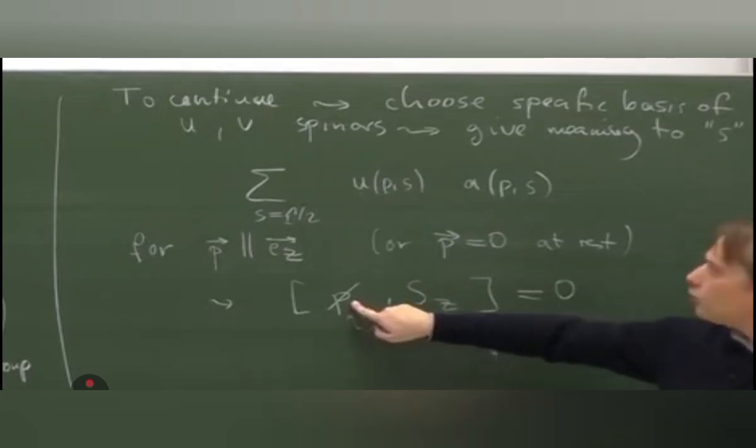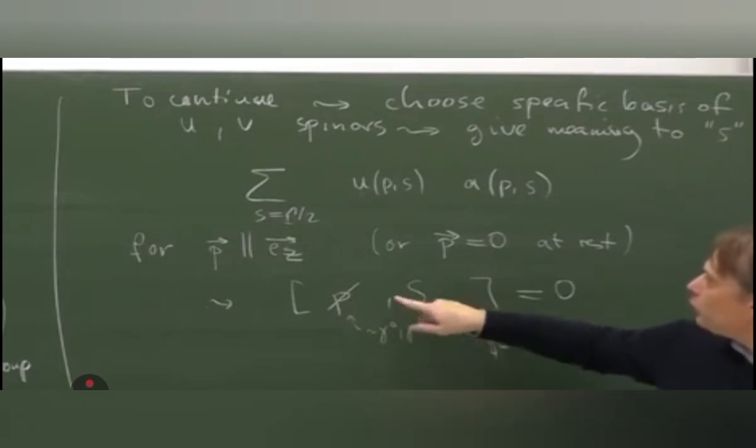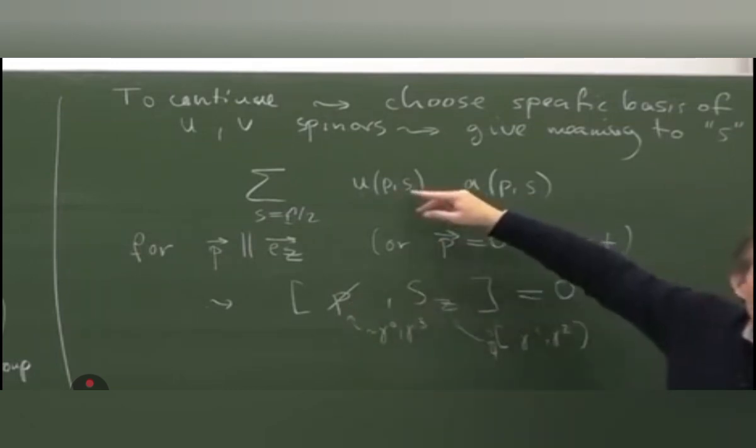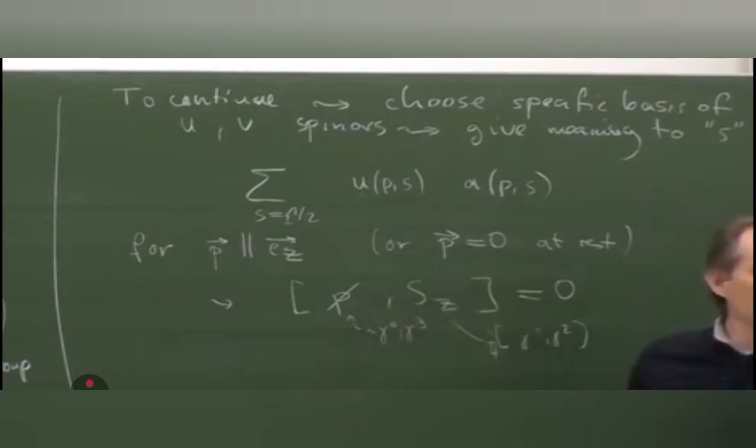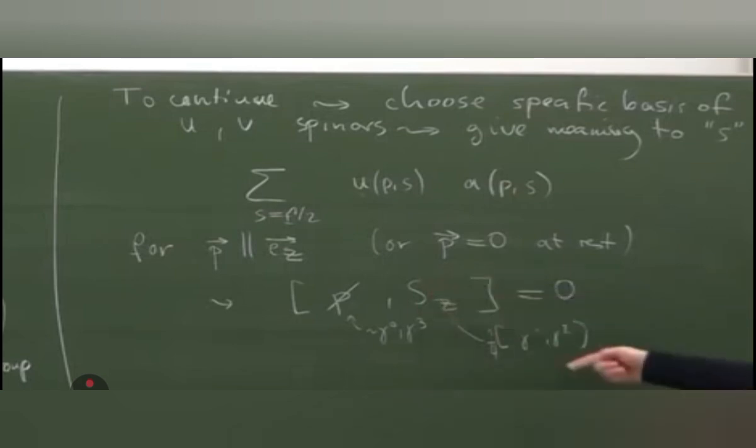And so now a useful label would be that we define the two independent ones as eigenspinors of the Z-spin matrix, because that is for sure possible according to this relationship. And SZ is an explicit matrix with plus minus 1/2 on the diagonal.